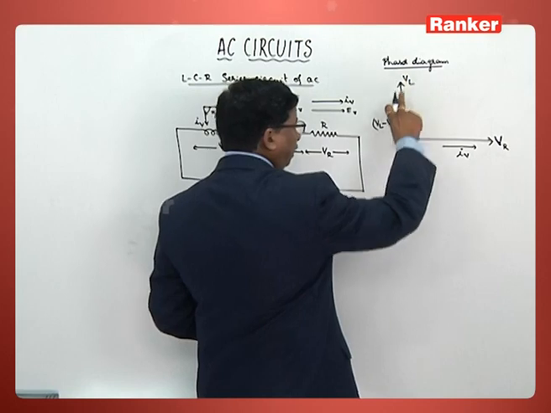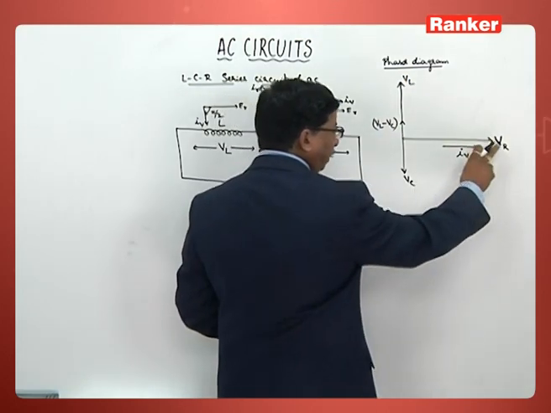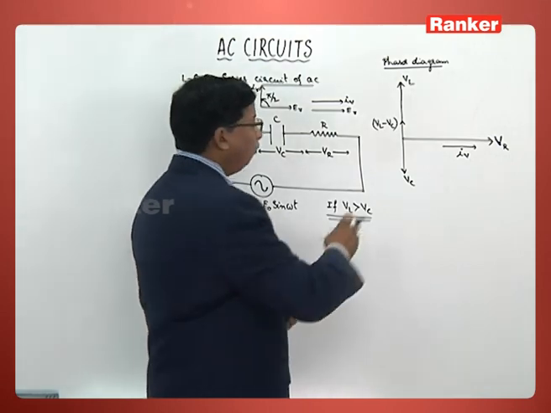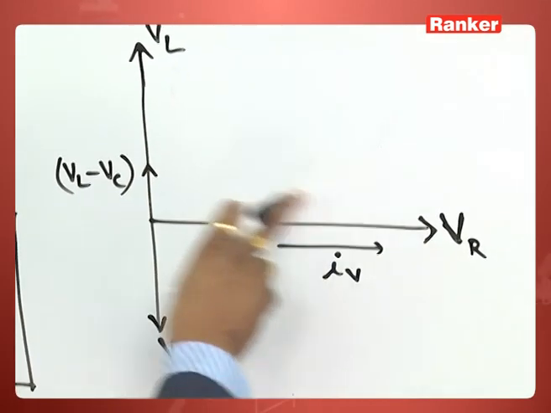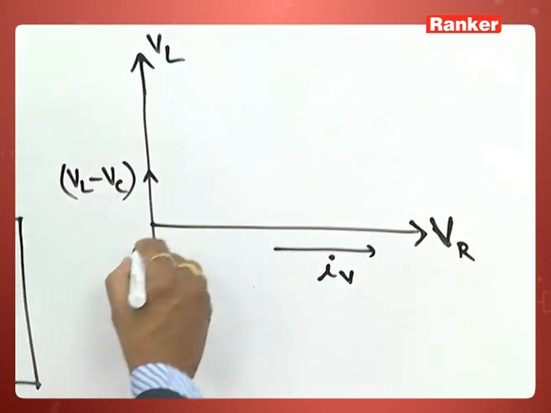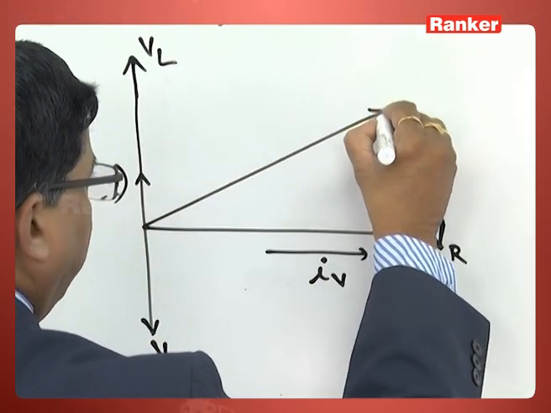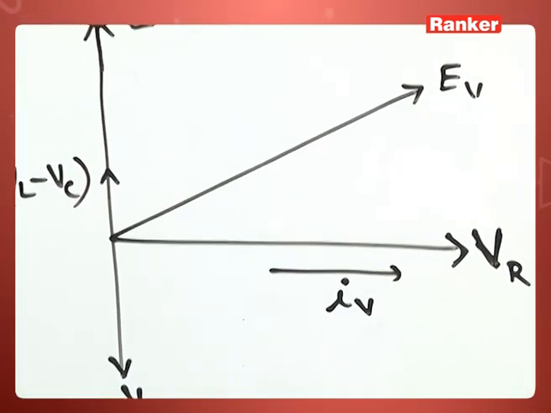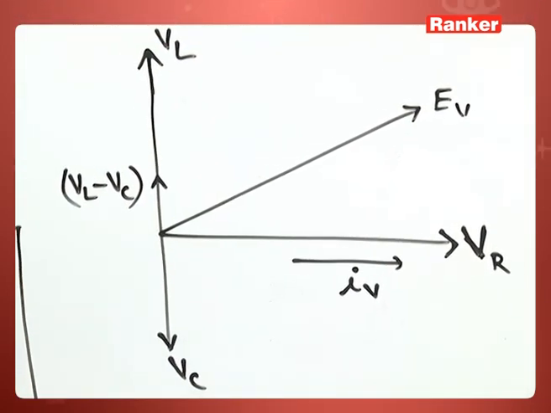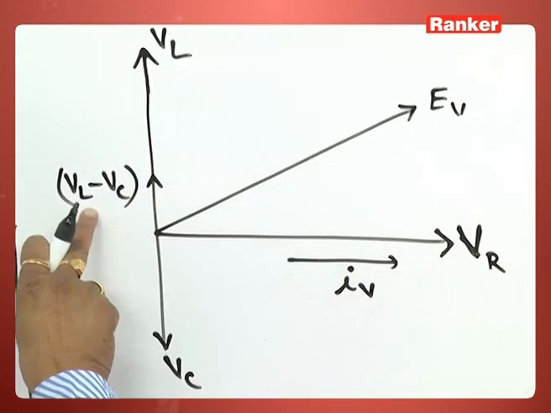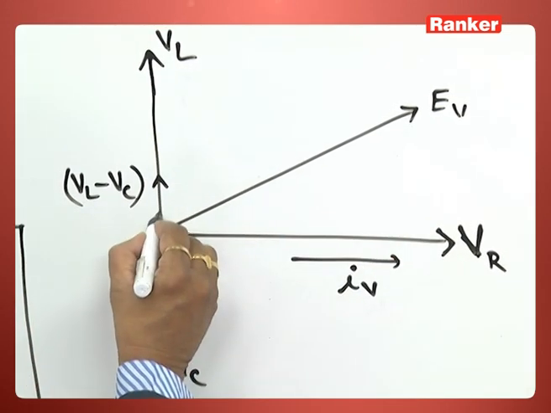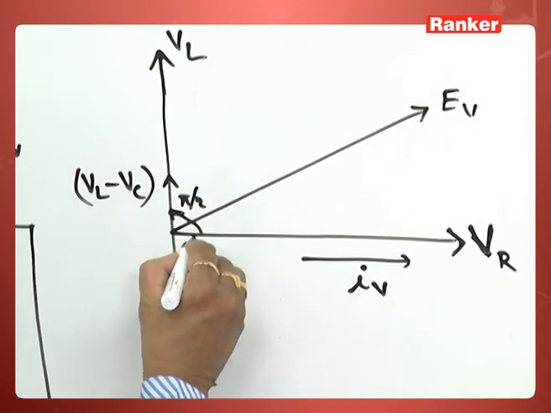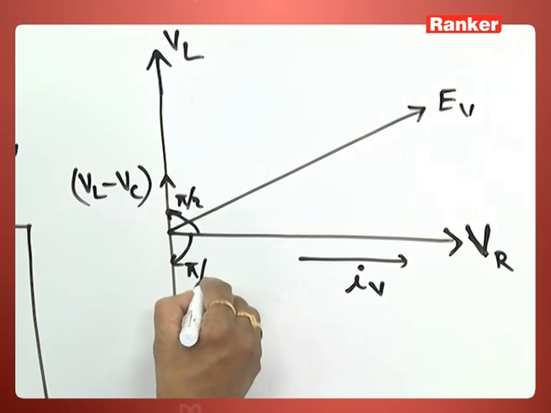And this is the resultant of these two voltages, and this is the potential difference across the resistor. What would be the resultant of these two? That now will be along this line. That is what we call virtual value of EMF, which is the resultant of these two values. And we in fact know this total angle is pi by 2. This total angle is also pi by 2.